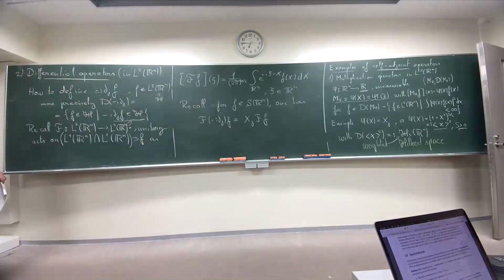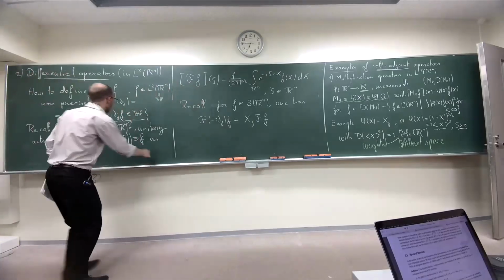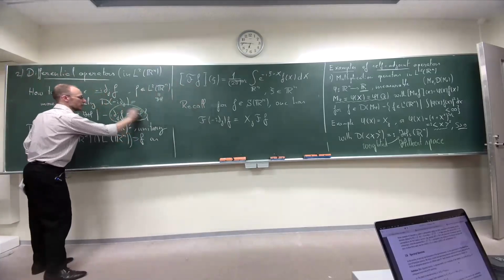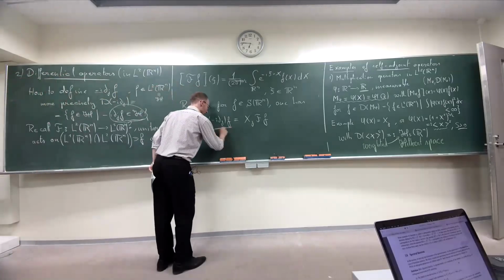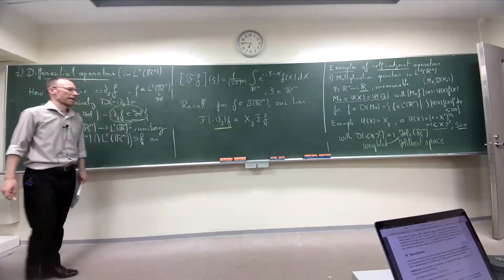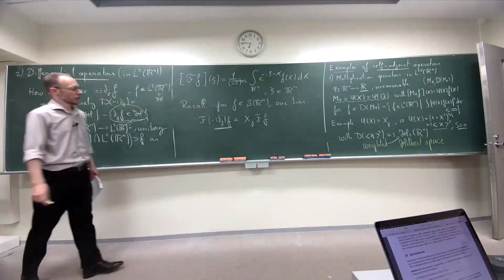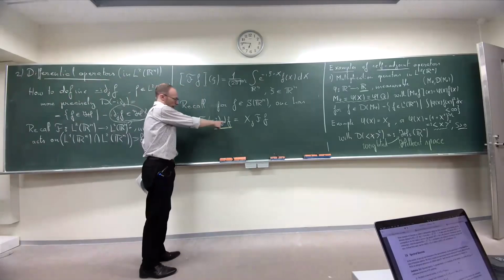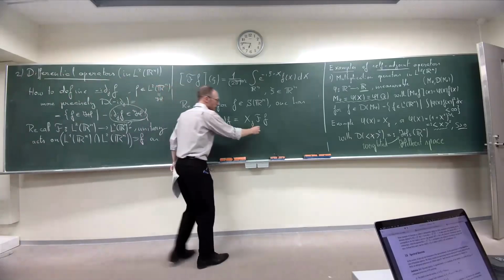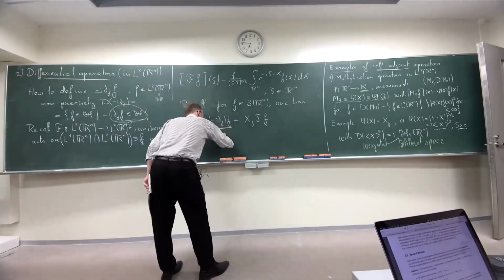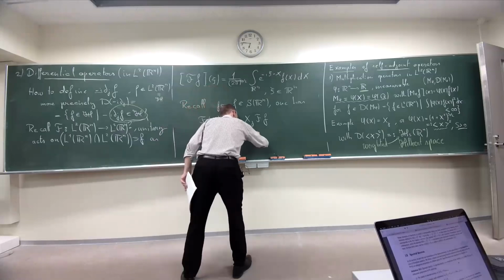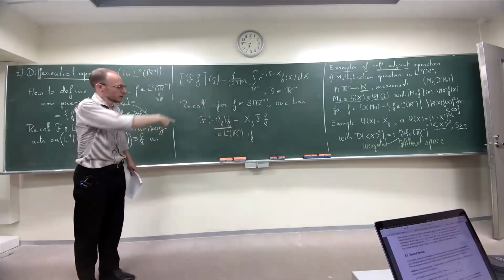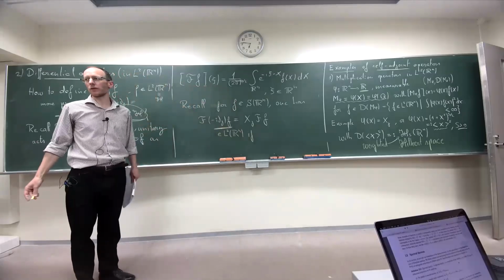So now look, I want to use this because this is what I would like to have. And I have something of this type here, which means I can give a meaning to this, which is in L2 of Rn, if the right-hand side is also in L2.